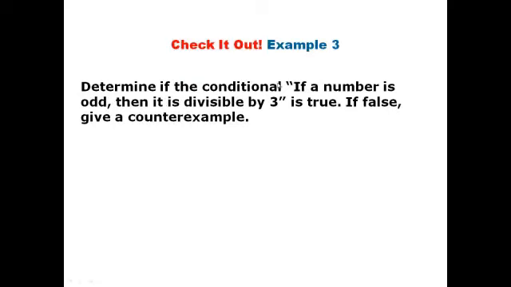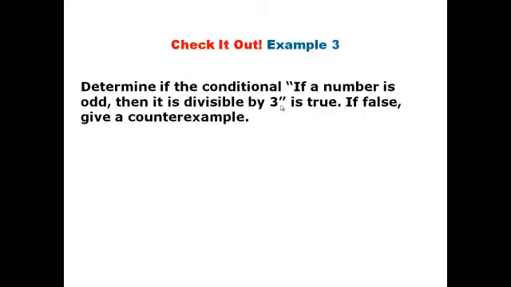Determine if the conditional, if a number is odd, then it is divisible by 3, is true. If it's false, we're going to give a counterexample. If a number is odd, then it is divisible by 3. Well, let's think about that for just a second. Is 5 divisible by 3? That's an odd number.